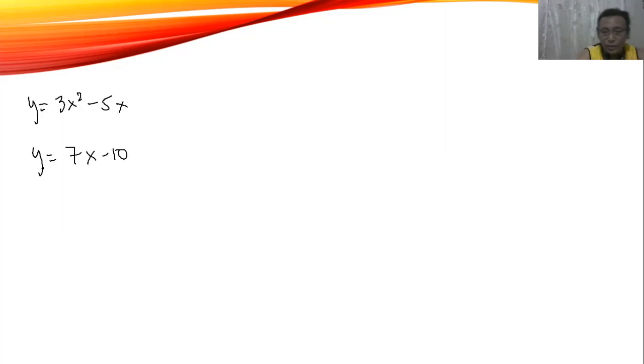The point of intersection, or the point of tangency, is equal to (2, 4). So now, we are going to graph this. To graph the curve, we will be using this.